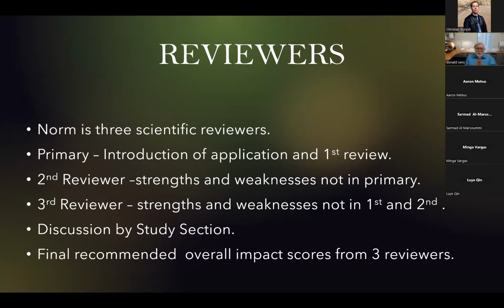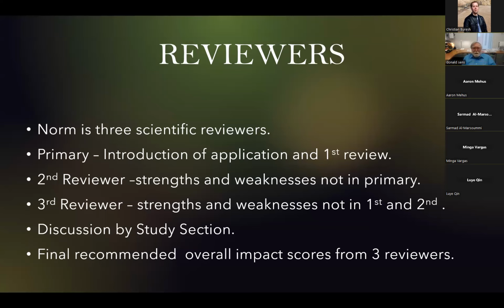The second reviewer, if he or she has additional strengths, will bring them up, or if they have additional weaknesses that weren't in the primary one, they will cover those. Then you'll move to your third reviewer, who usually doesn't spend quite as much time on the grant, even though they're supposed to.